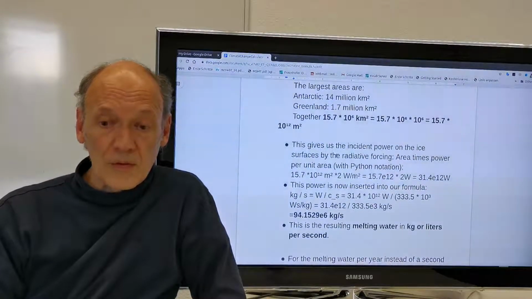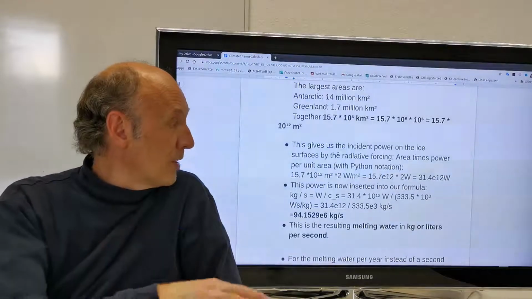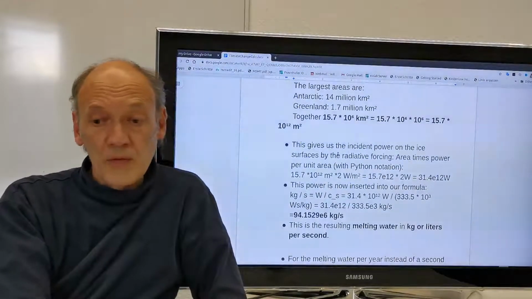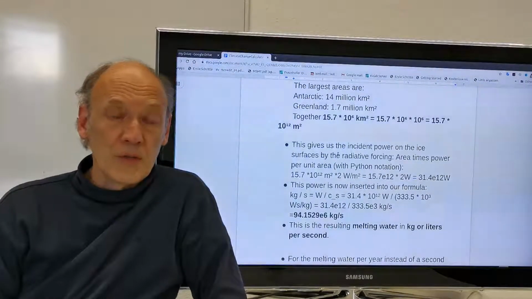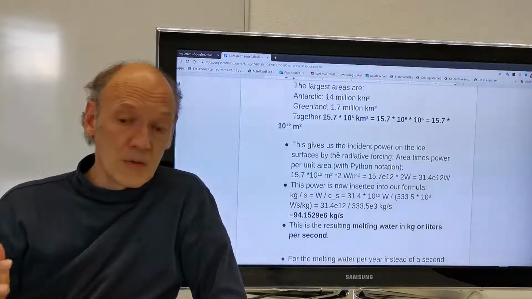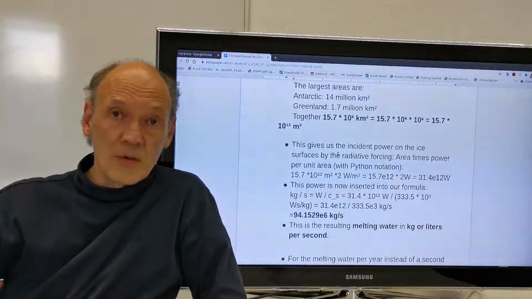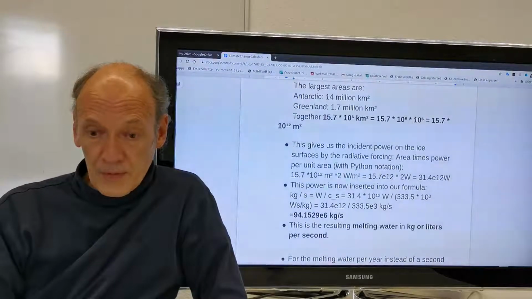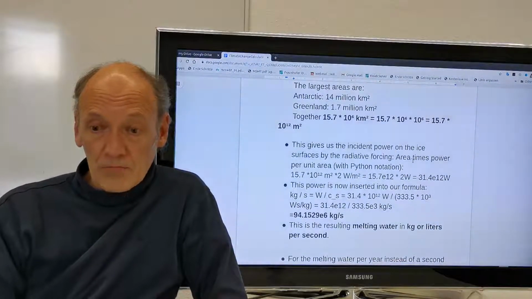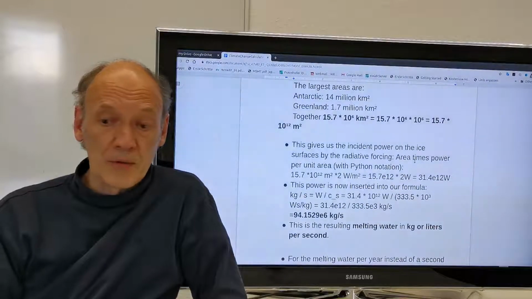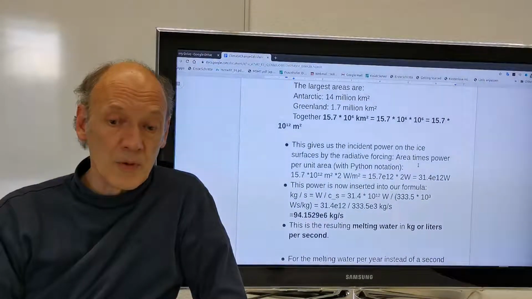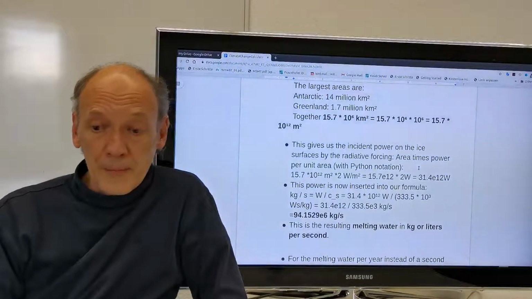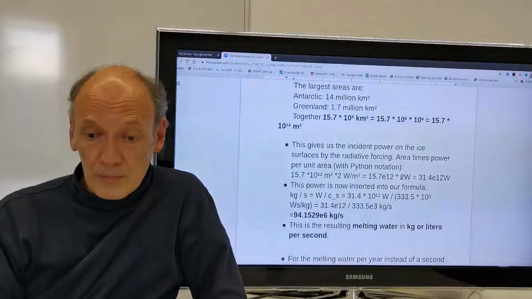So this gives us the incident power on the surface of the ice by the radiative forcing, meaning the additional power that we get from the CO2 increase. So simply we take the area and multiply it by this power.